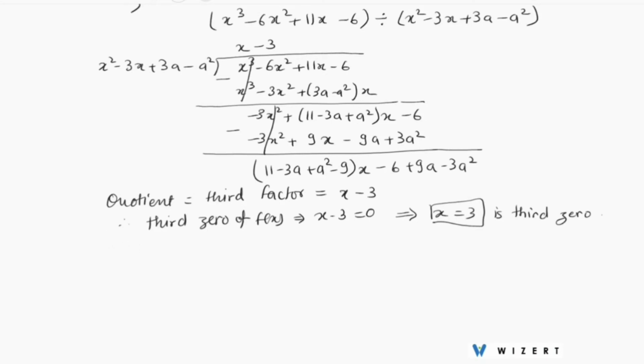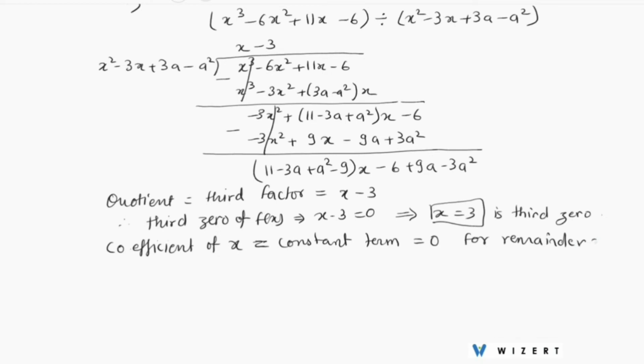So the coefficient of x and the constant term must be equal to 0 for the remainder to be 0. So to get this, we'll equate 11 minus 3a plus a square minus 9 equal to 0.